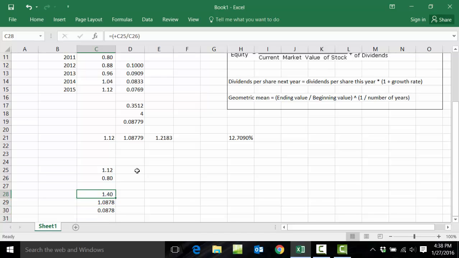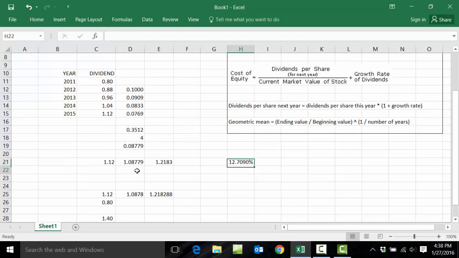So we know that the dividend was $1.12, and we want to figure out the dividend for next year. So let's multiply that times 1.0878, and this will be your estimated dividend for next year. So that's going to be D1, 1.218288.